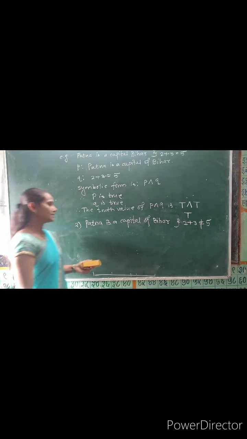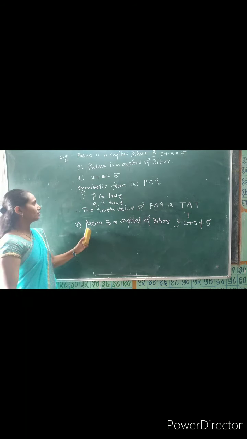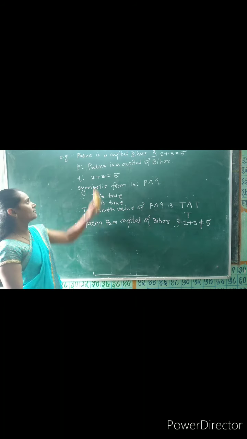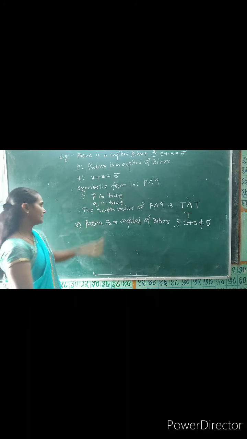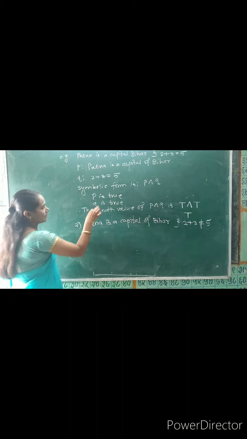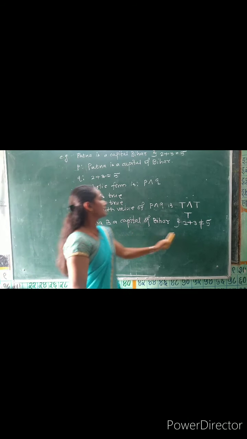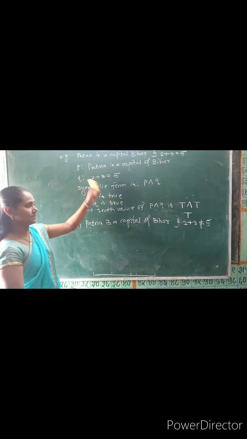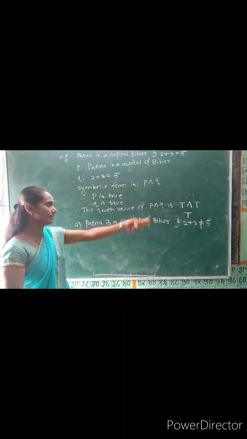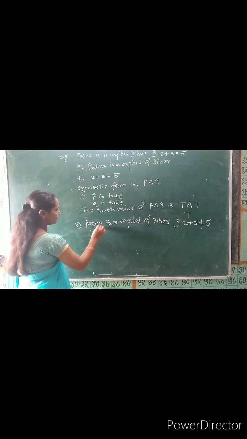We know that Patna is a capital of Bihar, which is a true statement, so P is true. Q is 2 plus 3 not equal to 5, therefore the Q statement is false.